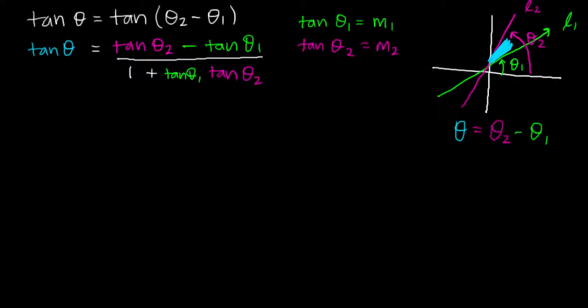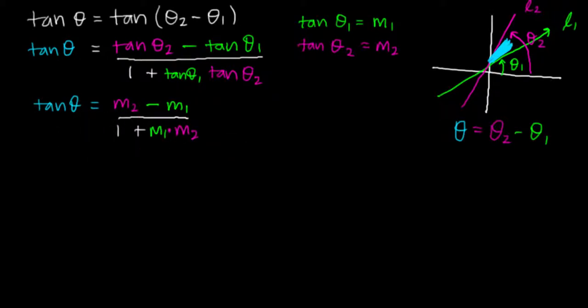So you can rewrite this equation: the tangent of theta, the tangent of the angle between the two lines, is equal to the slope of the second line minus the slope of the first line, divided by 1 plus the product of the first slope and the second slope.